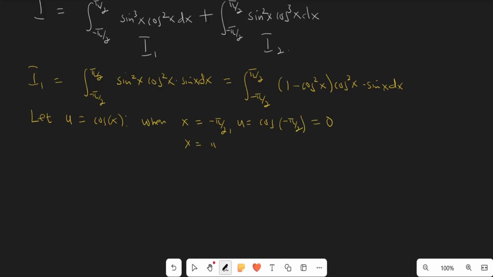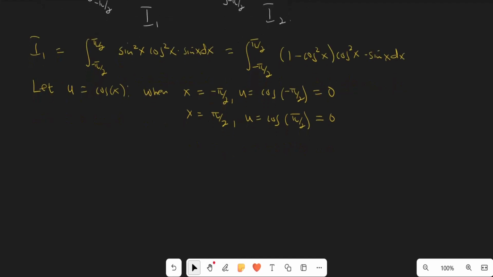When x is positive pi over 2, u is the cosine of positive pi over 2, and that is equal to 0 as well. And du is going to be negative sine of x dx, so negative du is sine of x dx. In place of sine of x dx, I can replace that with du, but the limits don't change.